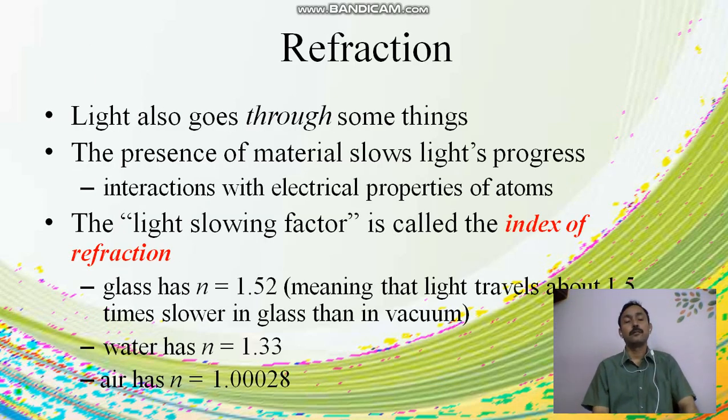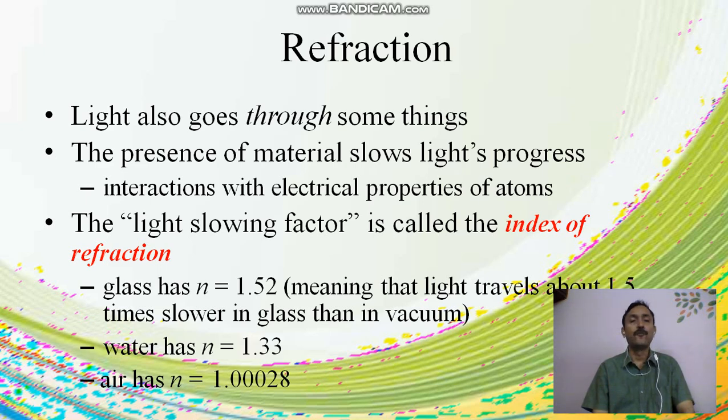First, come to refraction. In our previous video lecture, we have discussed refraction. Just a recapitulation: light always goes through some things or mediums. The presence of material slows light's progress, due to interactions with the electrical properties of atoms. The light slowing factor is called the index of refraction.